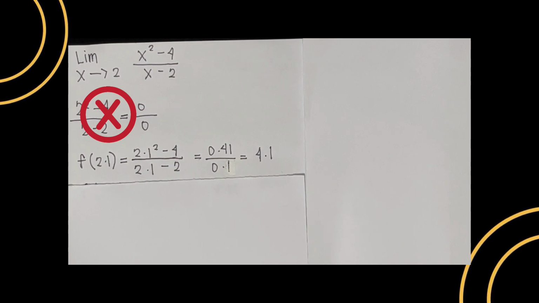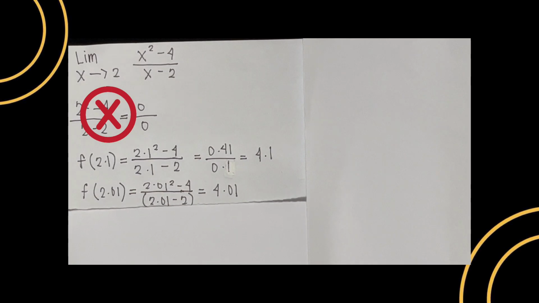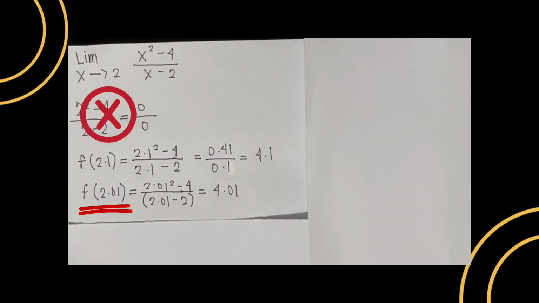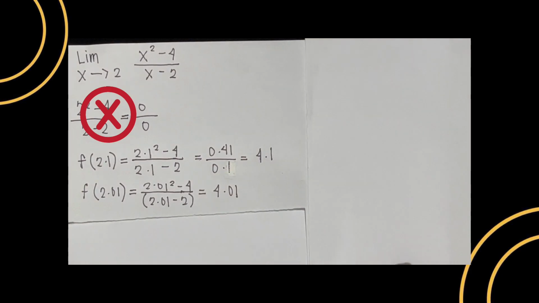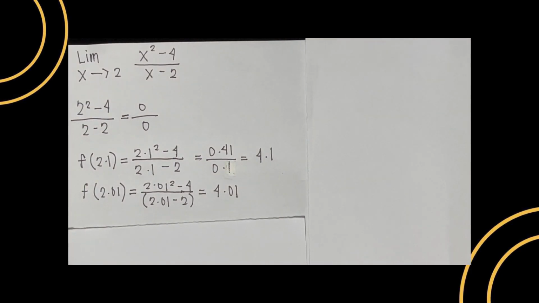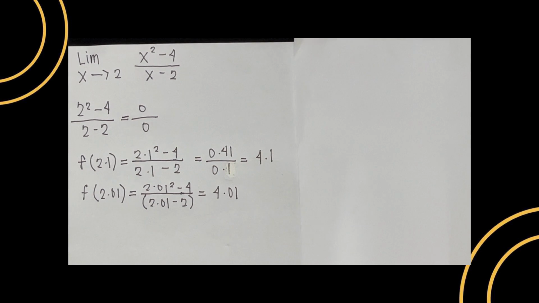Now what if we pick a value that's even closer to 2? For example, let's try 2.01. If you type it in your calculator, you may have to put this in parentheses. So you should get 4.01. Notice what's happening. As we get closer and closer to 2, the limit approaches 4.